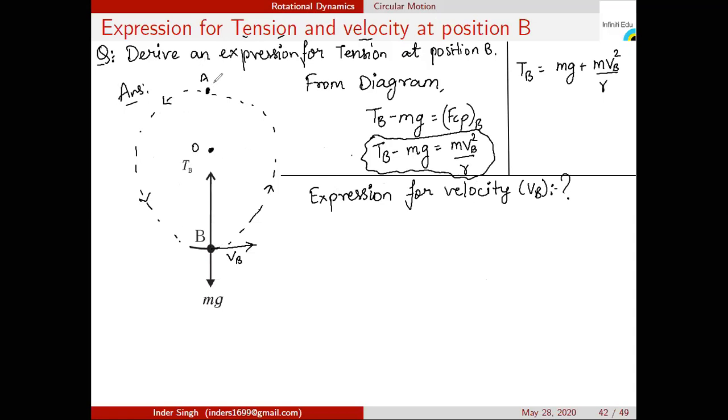So whatever is the total energy at position A will be the total energy at position B. This is the law of conservation of energy.